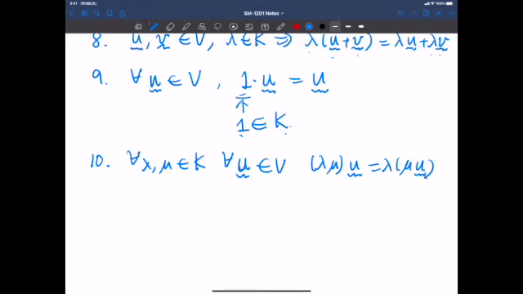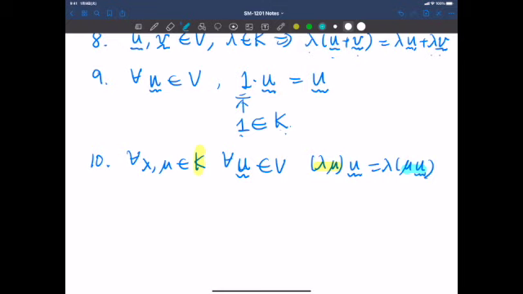Now again, be careful. The multiplication between lambda and mu is a multiplication within the field K. And this multiplication between mu and u is the scalar multiplication of a vector.